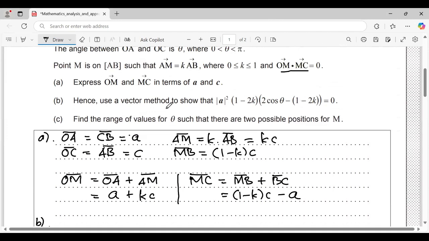Hence, use a vector method to show that A squared times 1 minus 2k times 2 cosine theta minus 1 minus 2k equals 0.